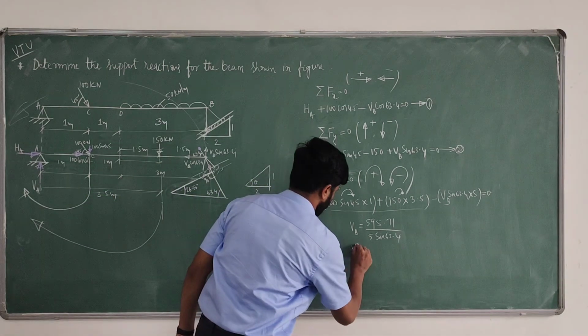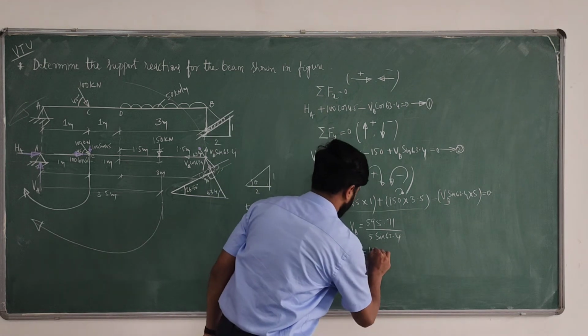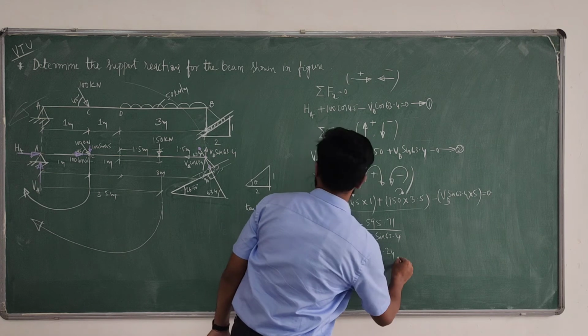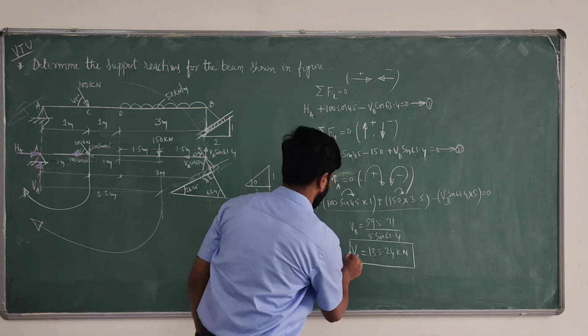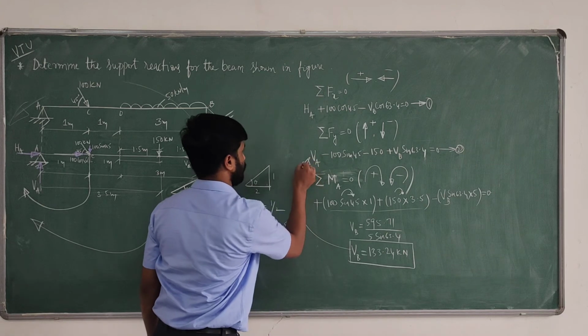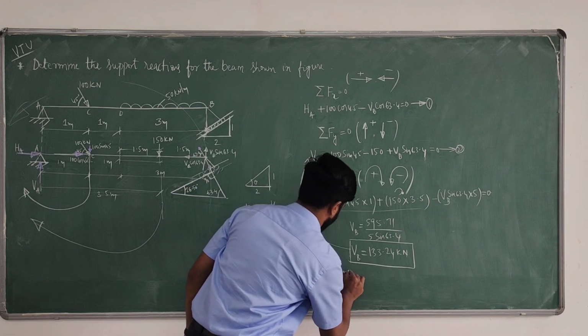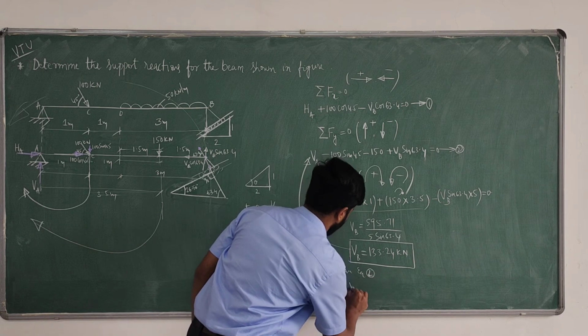Determine the VB value. 133.24 kilonewton. This is VB. Once you got VB, substitute into equation 2, you are getting VA.